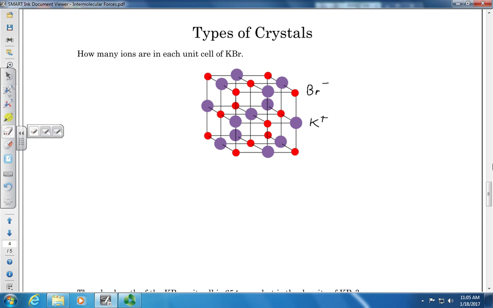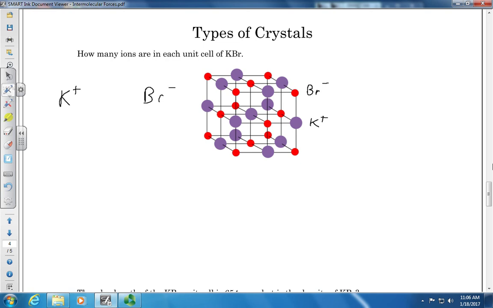So this does take a little bit of recognizing what the unit cell is representing. Let's look at each species separately. We're going to have our potassium, and we're going to have our bromide. Okay?